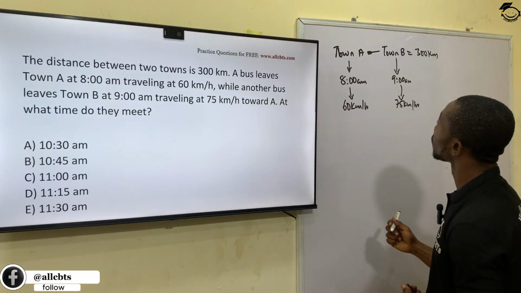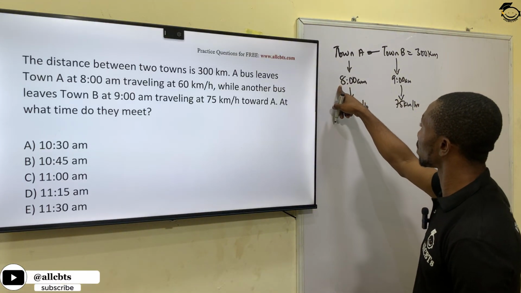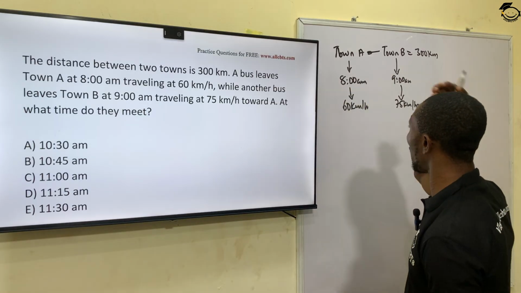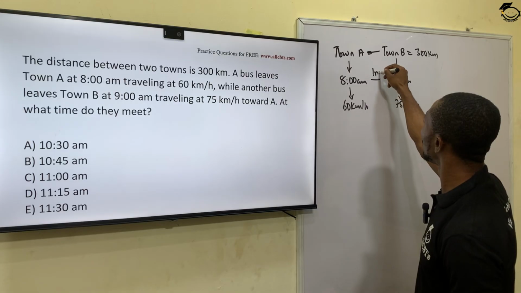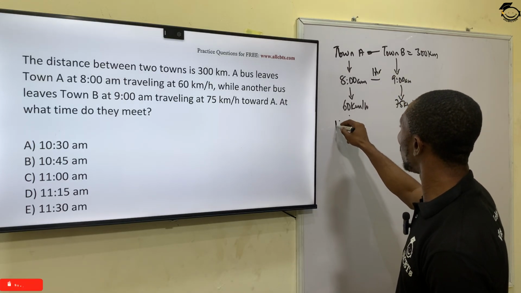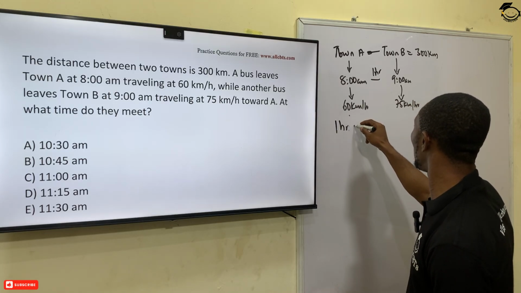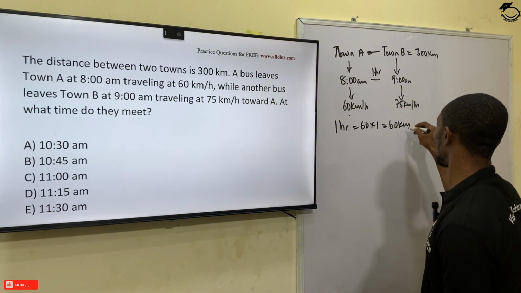Okay, now, if bus A leaves town A at 8 a.m., that means a 1 hour difference. 1 hour difference would be a 1 hour journey for bus A, which would be 60 times 1, which is 60 kilometers.